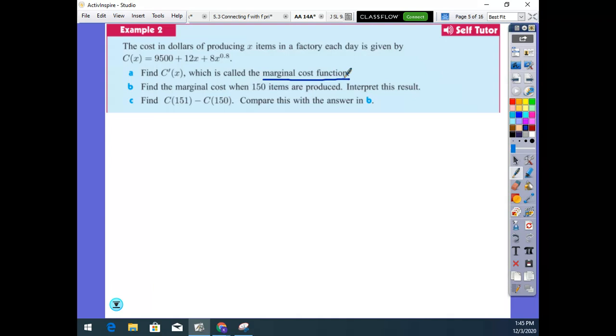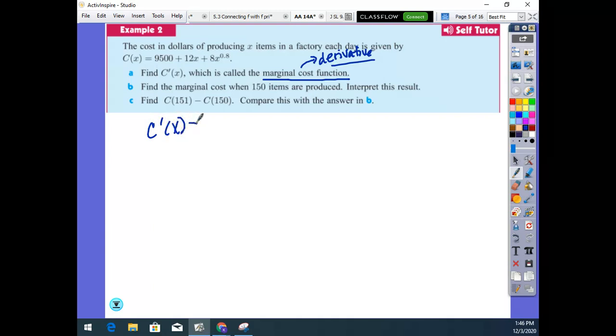But anytime you see marginal cost, it's just the derivative. As soon as you see that word, it just means derivative. So understanding all of the words that mean take the derivative is important. Once you see it's a calc problem, you almost always just take the derivative.